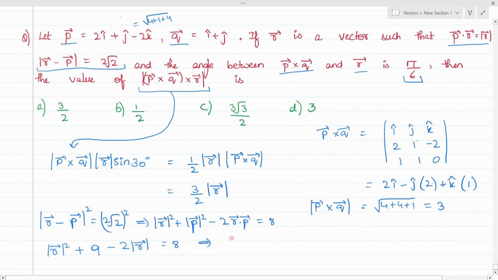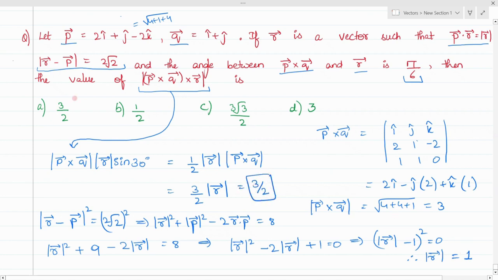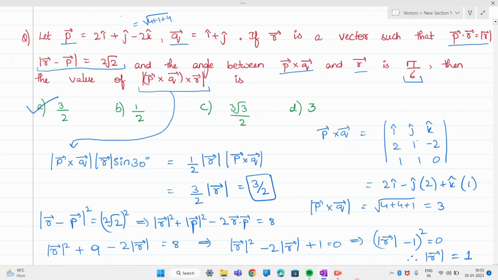From here magnitude of R square minus 2 times magnitude of R plus 1 is 0, that is magnitude of R minus 1 whole square is 0. Therefore magnitude of R is 1. Just simplify over here. You'll get 3 by 2 as the required answer to this question.